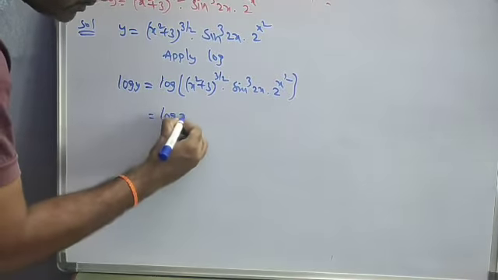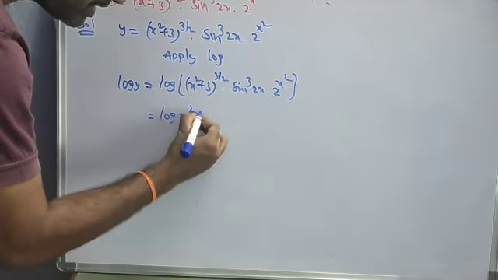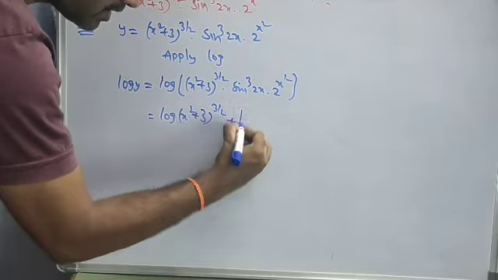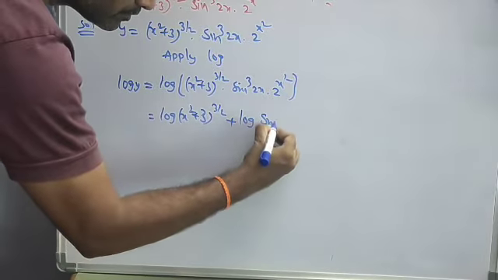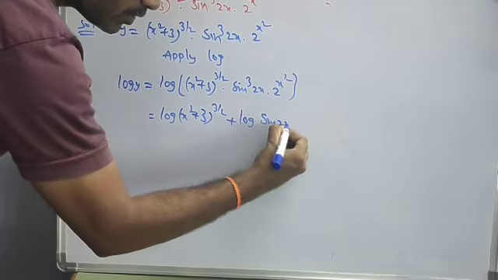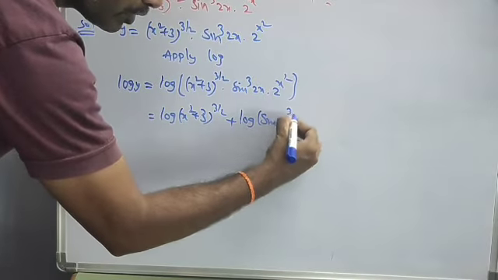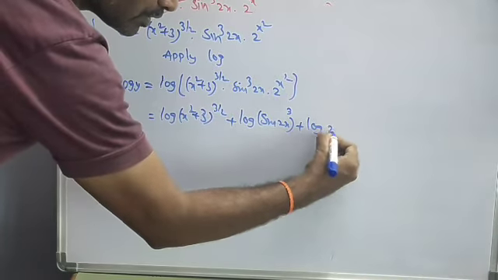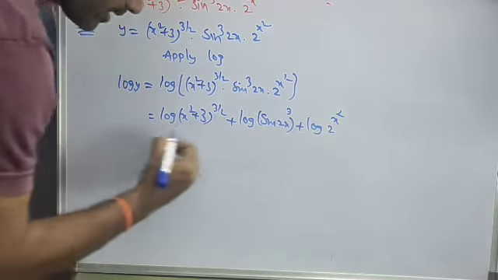So log of (x square plus 3) whole to the power of 3 by 2 plus log of sine 2x whole cube plus log of 2 to the power of x square.